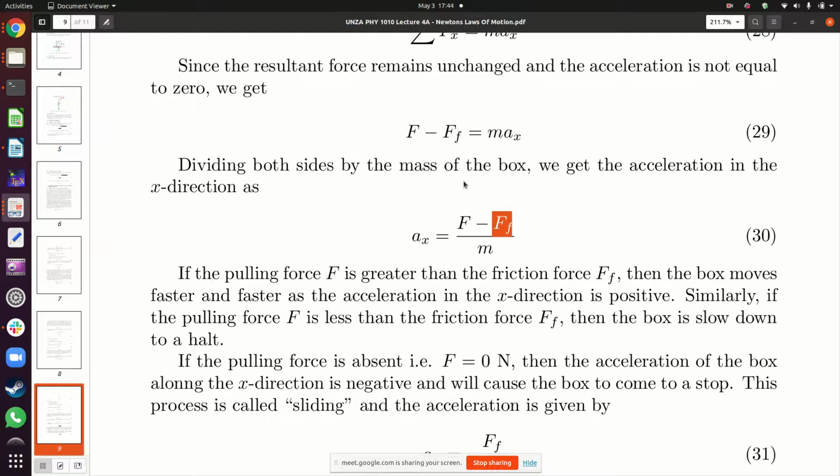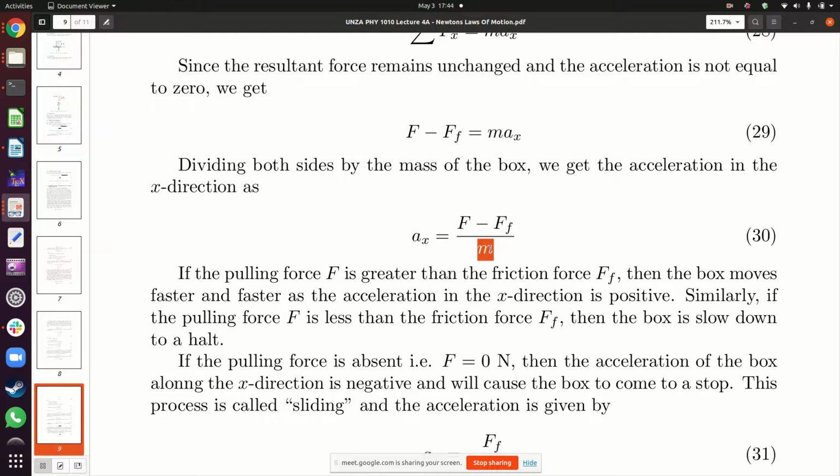When the resultant force is negative, then you divide by the mass. What you're going to get is a negative value of acceleration. This negative value of acceleration will cause the velocity of your object to reduce. It will keep on reducing as long as the resultant force is negative until it becomes 0, until your object comes to a stop. Okay.